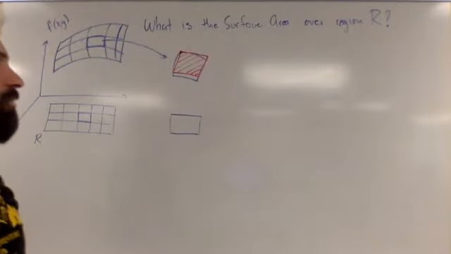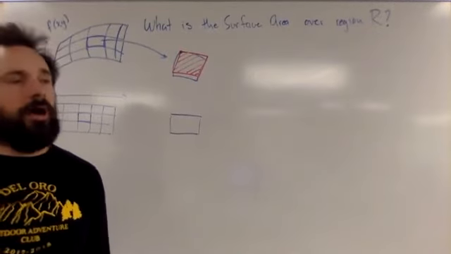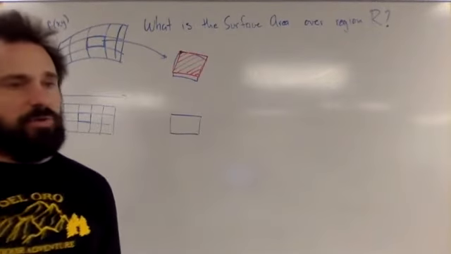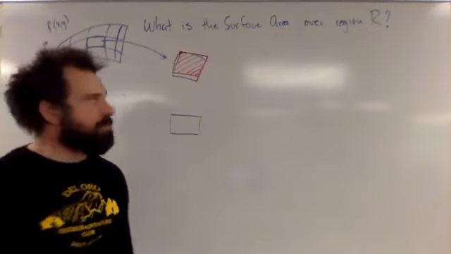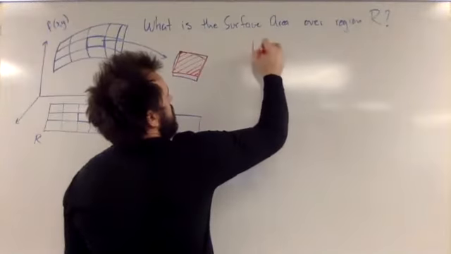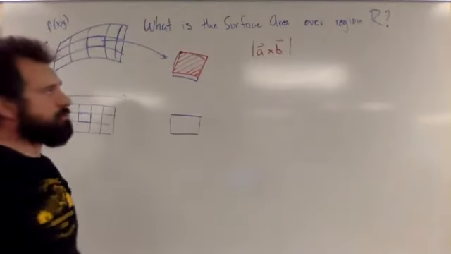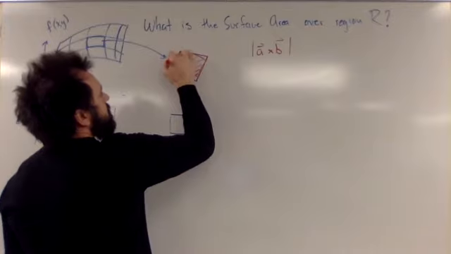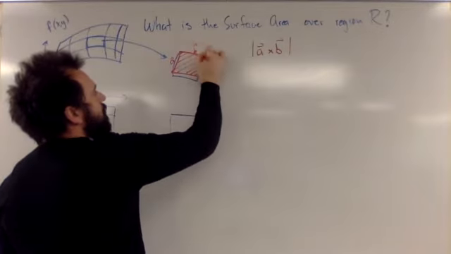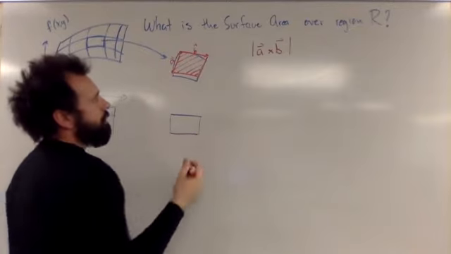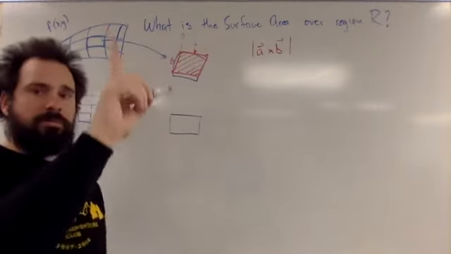So I need to think back: how do I find areas of parallelograms or areas of tangent planes? That makes me think back to chapter 12 at the very beginning of this course, where we talked about cross products. There are two things about the cross product. Let's say this is my A vector that makes up this side, and this is my B vector. The cross product is going to be perpendicular to both of those, so it's going to come up off, right?